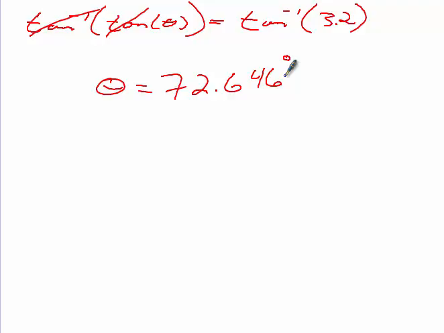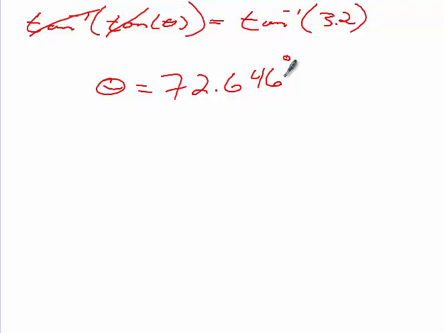So where does my reference angle come from? 180 or 270? Do reference angles come from the x-axis or the y-axis? X. What is my x-axis value? 180. So if I'm looking for 72.646 degrees in the first quadrant, I'm going to do the same amount of movement from 180 to drop me into the third quadrant.